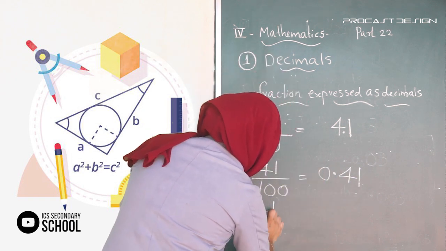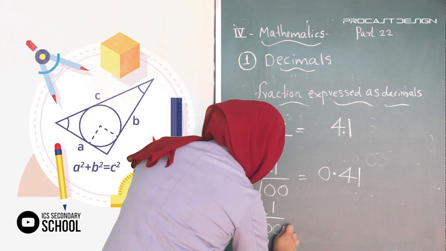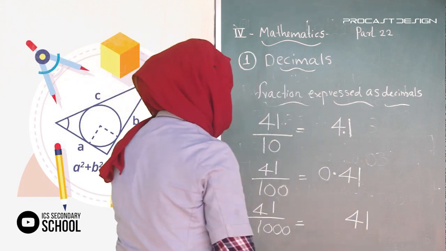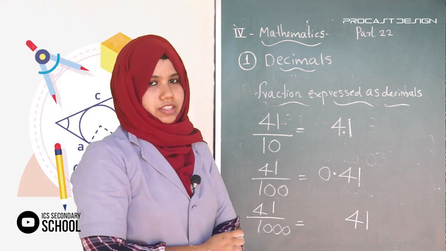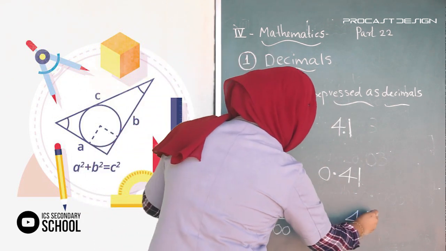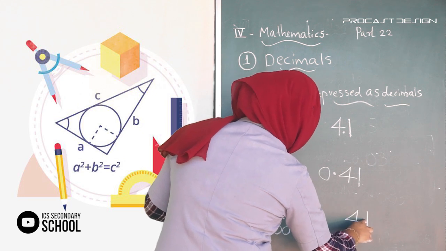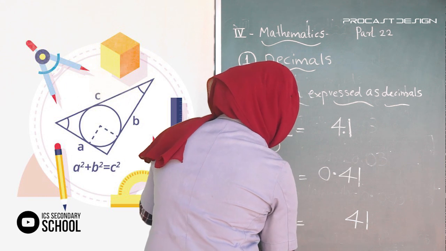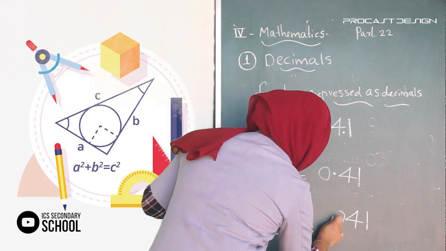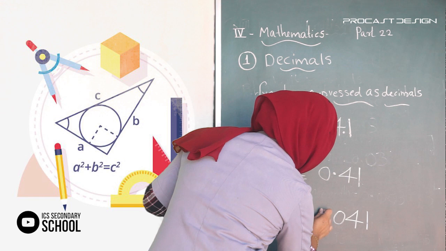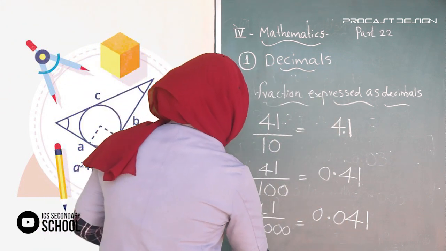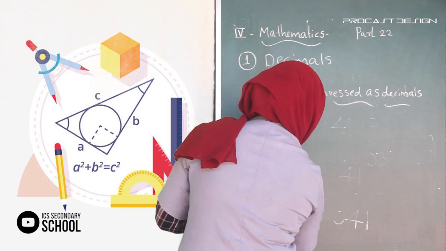Next, here 3 zeros are there. So we write the numerator first, and we start from the right of the numerator, 1, 2 and 3 zeros. So the third number we write as 0 and put the point here. Is it clear? So this is fraction expressed as decimals.